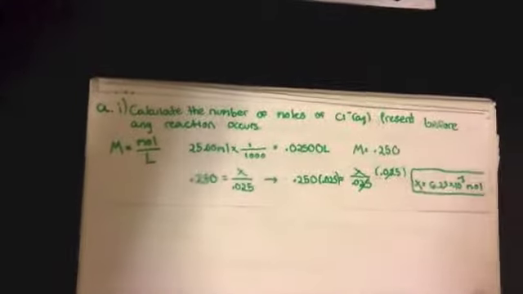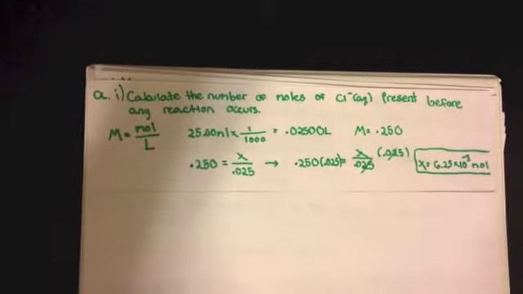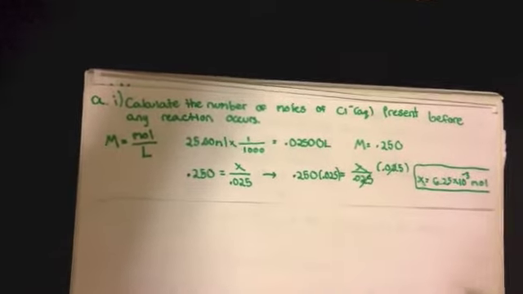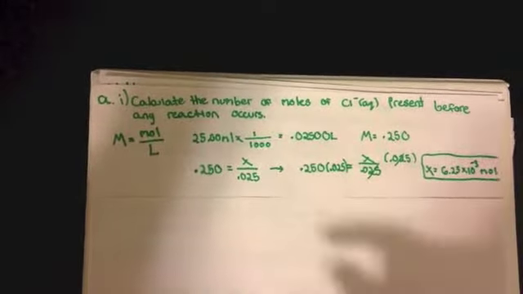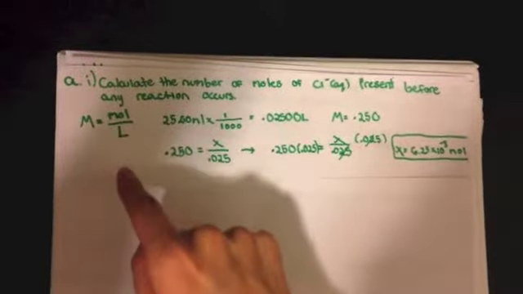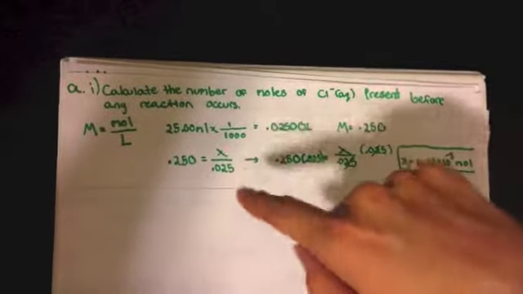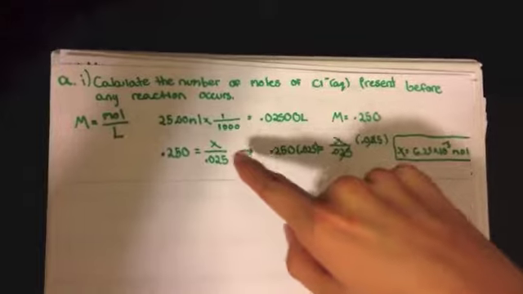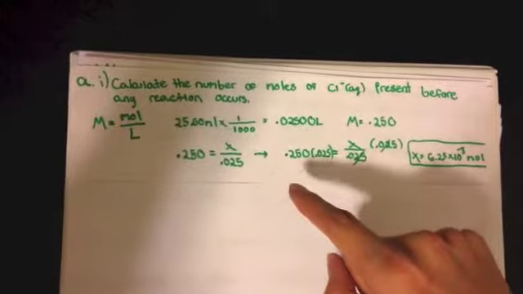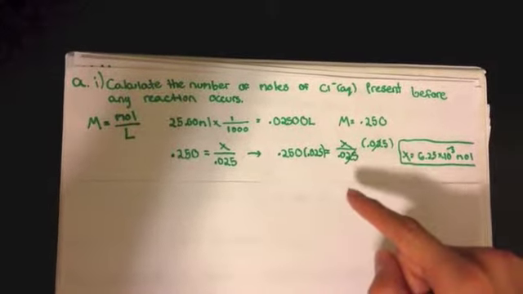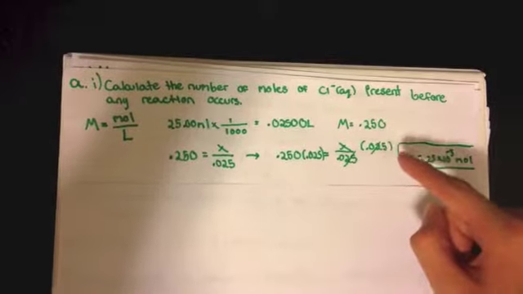For part 1 of A, we have to calculate the number of moles of Cl minus aqueous present before any reaction occurs. So we're going to use the equation molarity equals moles over liters. We convert the 25 milliliters into liters by dividing by 1,000, so we get 0.025 liters, and the molarity is 0.25.